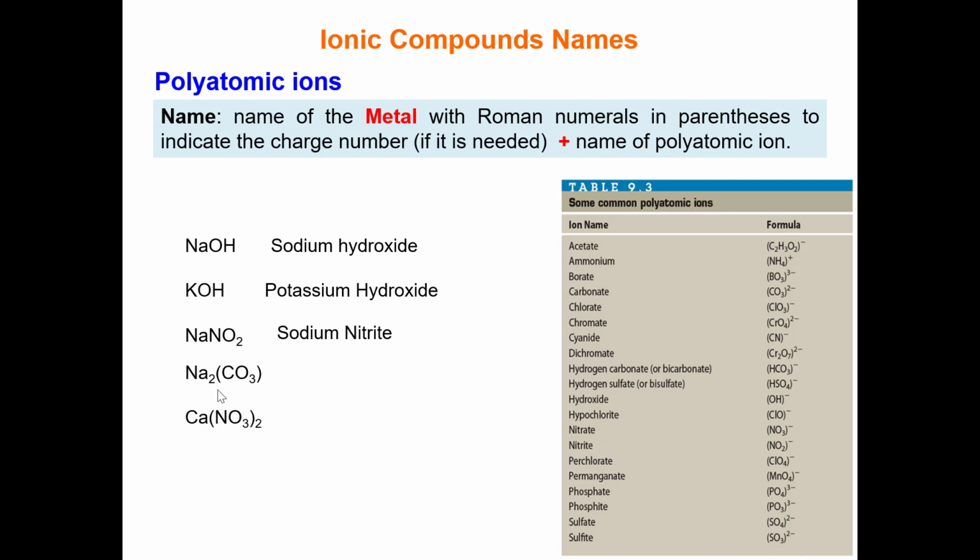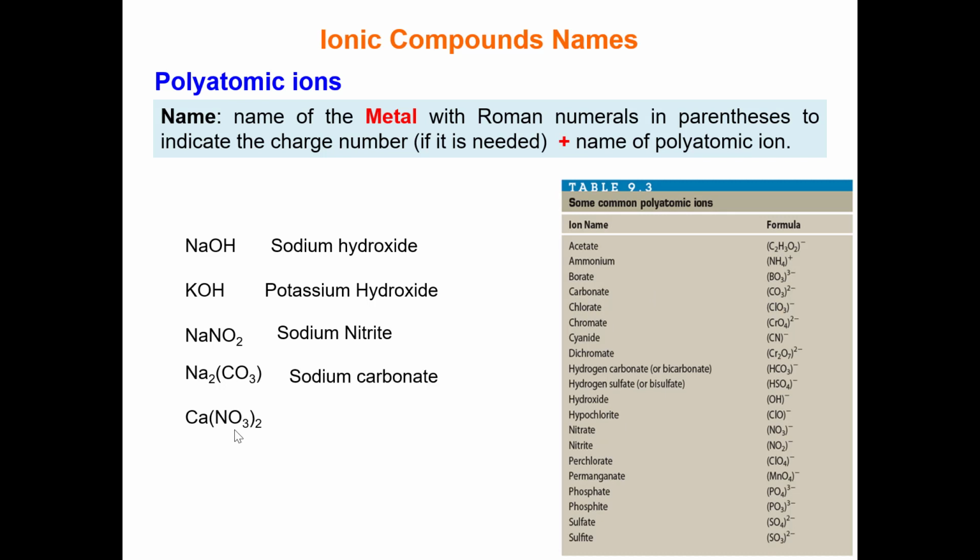As we don't take into account these numbers, if here is sodium, we write sodium. And then we need to find the name of this polyatomic ion, which is carbonate. Here is carbonate, so sodium carbonate.